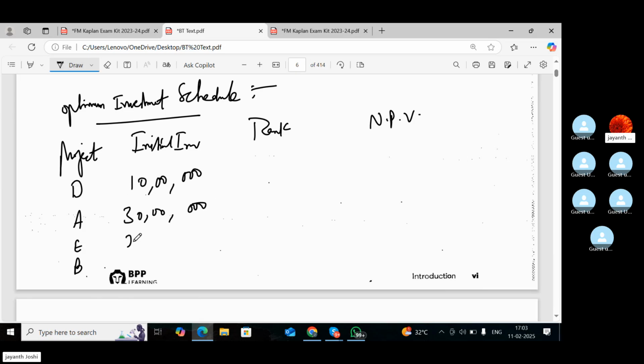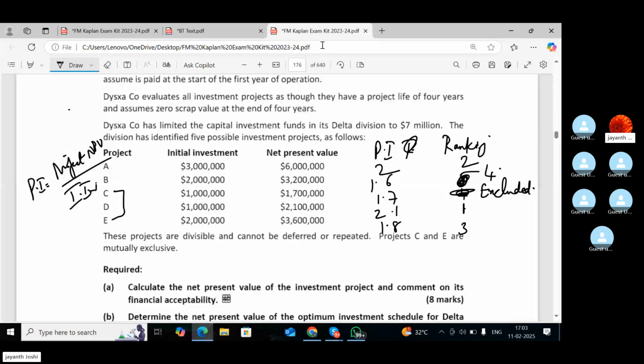Then E 2 million. 5, 6 million. And then B, how much we can invest? We can invest 2 million, but we will invest only 1 million because we have a capital rationing. Only we have 7 million in hands. So rest of the amount we will do the investment here.